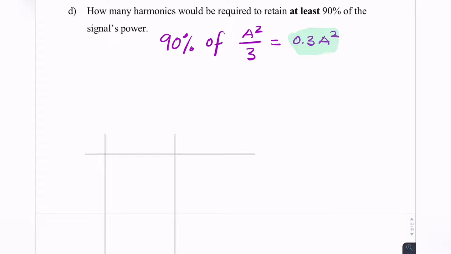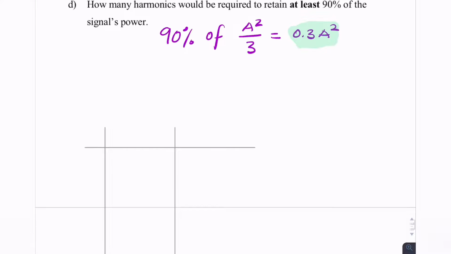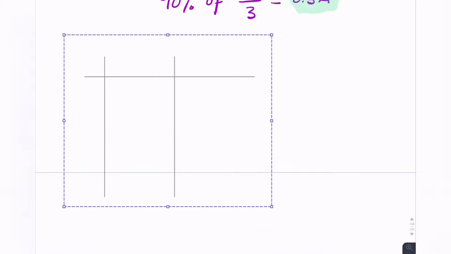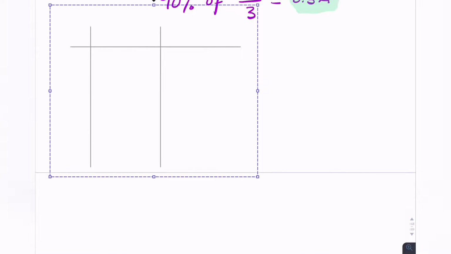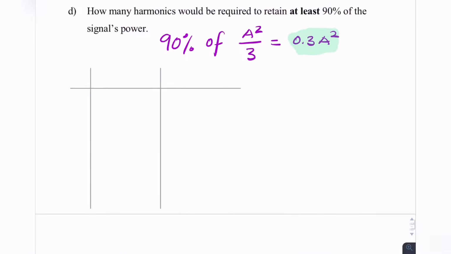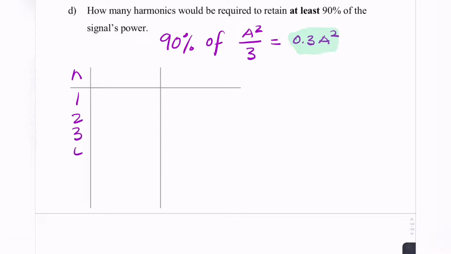So what we need to know is how much energy we have in each of these harmonics. So what we can do is simply calculate that individually. So each harmonic is a sine wave with an amplitude of Bn. So let's look at each of these harmonics. 1, 2, 3, 4, 5, 6.